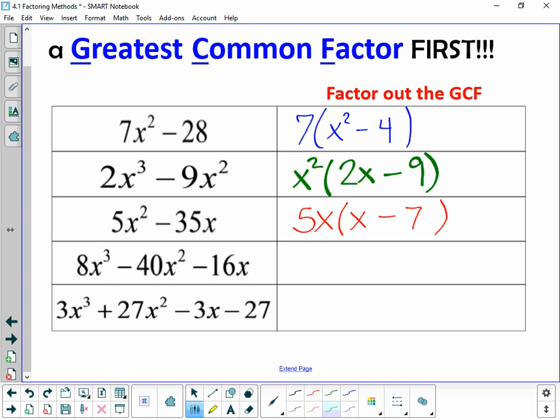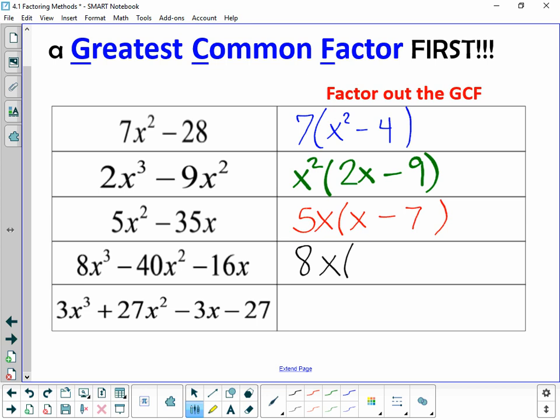GCFs don't just apply to binomials. Trinomials can have a GCF. Polynomials with 4 terms can have a GCF. Any number of terms is fine. You should always still just scan it and look for a GCF. In this one, we have 8x to the third minus 40x squared minus 16x. Definitely all of those terms have a factor of x, and additionally, they all have a factor of 8. So we can factor out an 8x here.